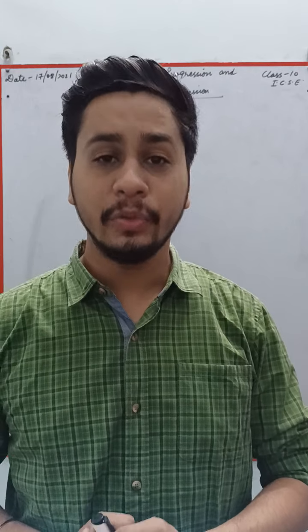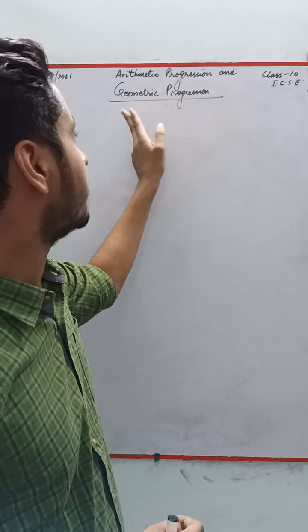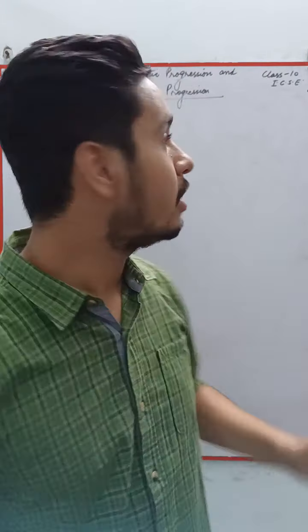So, today we are going to start the new chapter, and its name is Arithmetic Progression and Geometric Progression. After completing matrices, we are on this topic as it is part of Term 1.